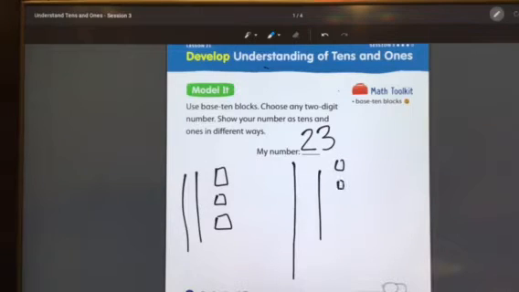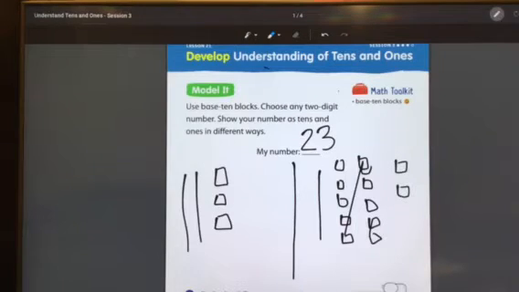So 1, 2, 3, 4, 5, 6, 7, 8, 9, 10. And you're still going to have your 3 other ones here. So you still need to draw 1, 2, 3. All you did was take this 10 right here and you split it into 10 ones.